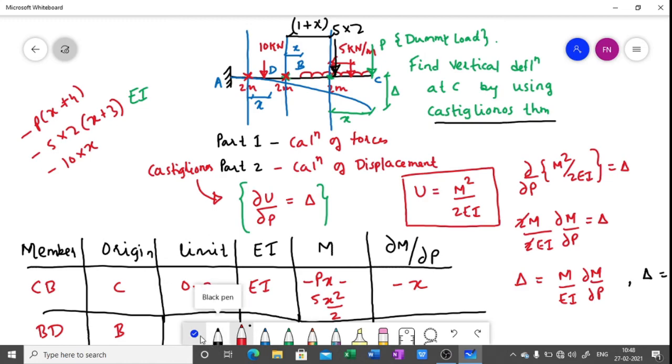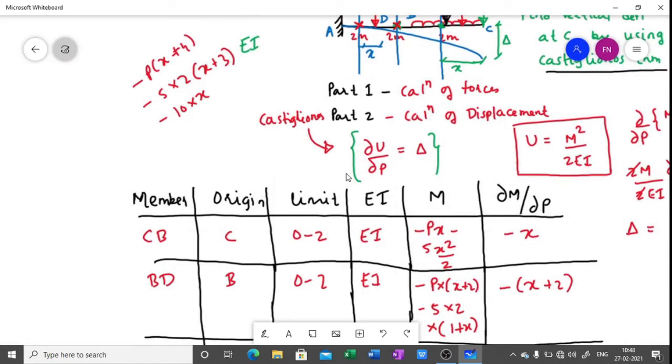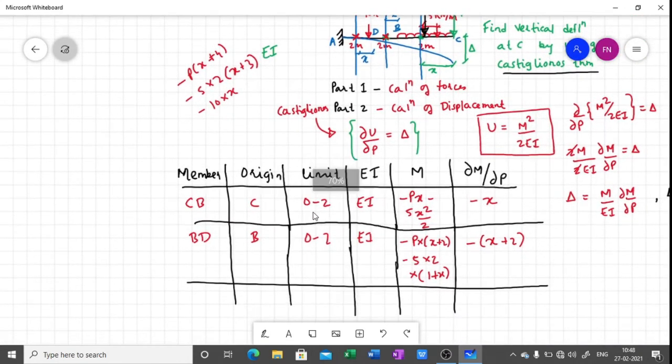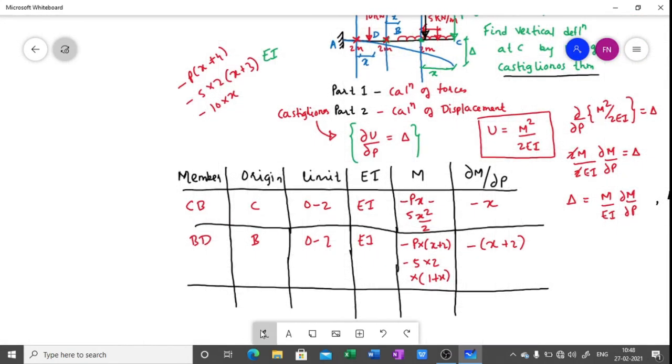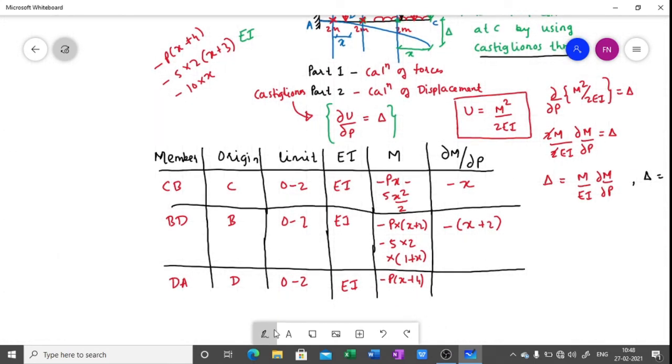You just write down in the table. Member is DA. I have defined D as origin. Limit will be 0 to 2. EI is constant. Minus P into x plus 4. Whatever we have determined, the equation, we have to write here.